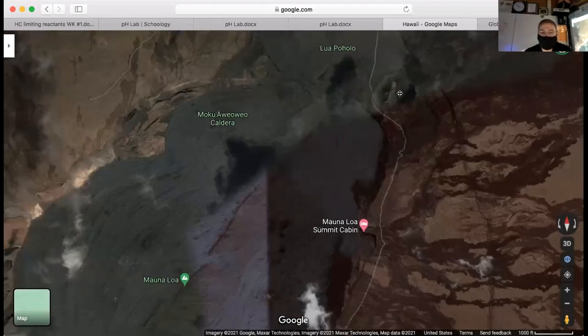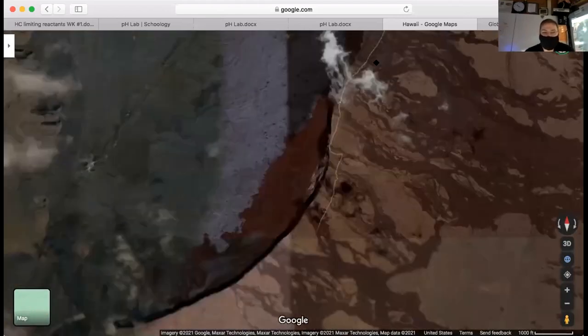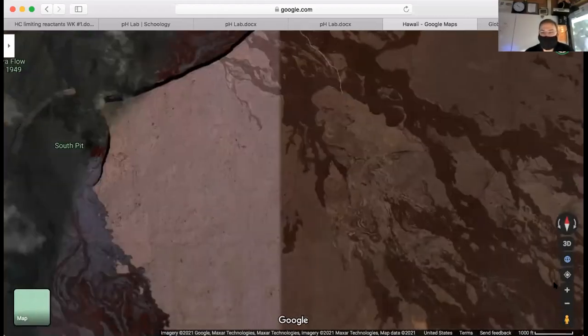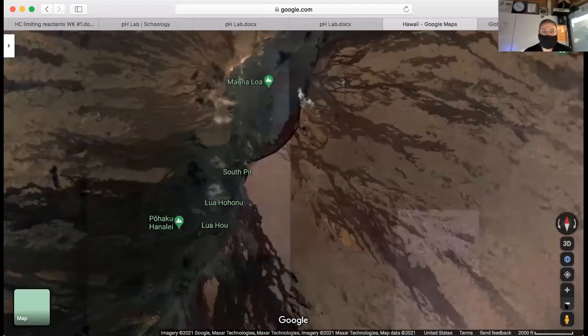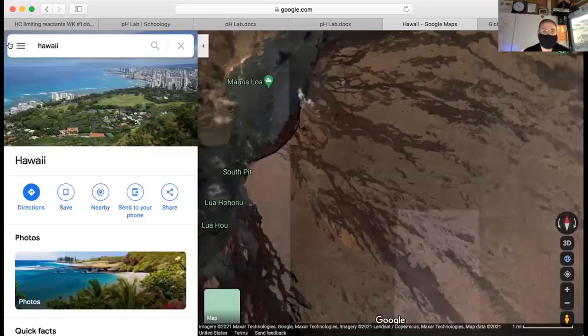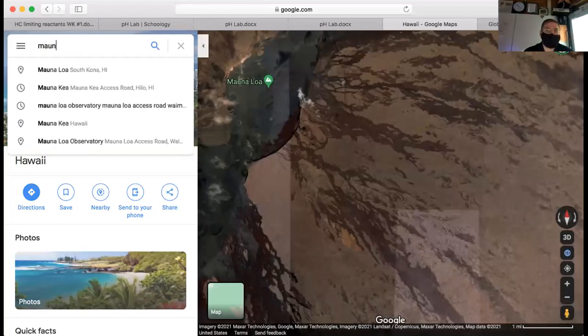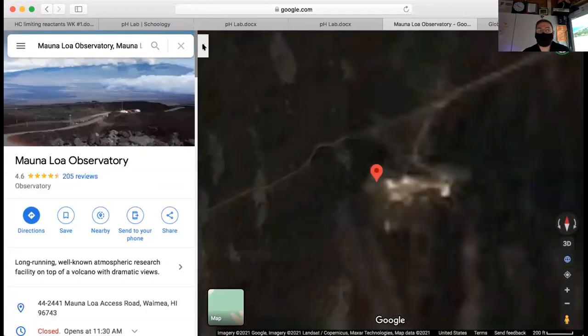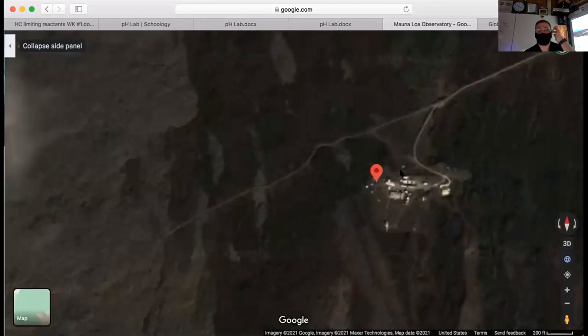Here we go. Got to find the end of the road. Oh, come on. It's such a small building. Mauna Loa Observatory. Here we go.